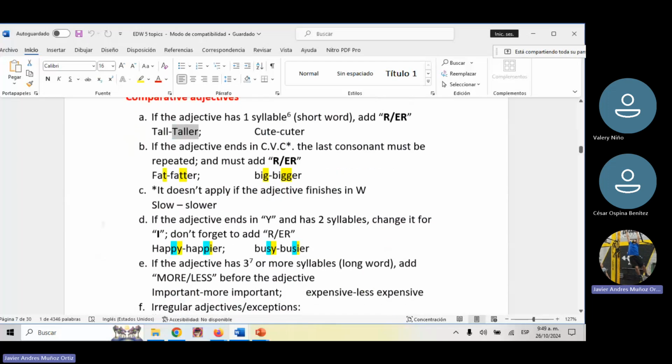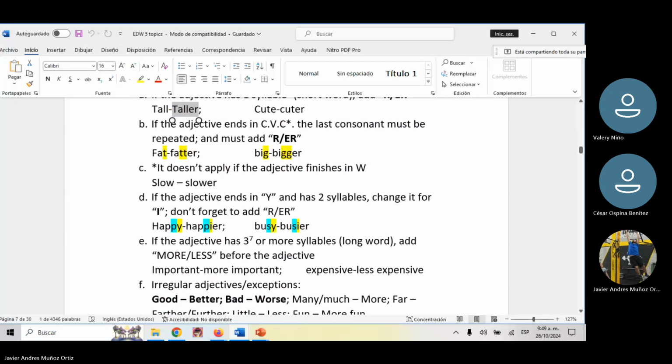Rule number one. Rule number two. When we have adjectives that end in consonant, vowel, consonant, F, A, T, for example, or M, O, R, let's suppose, the last consonant is going to be doubled. There is an exception. The exception is the W, but in general, we double this consonant.